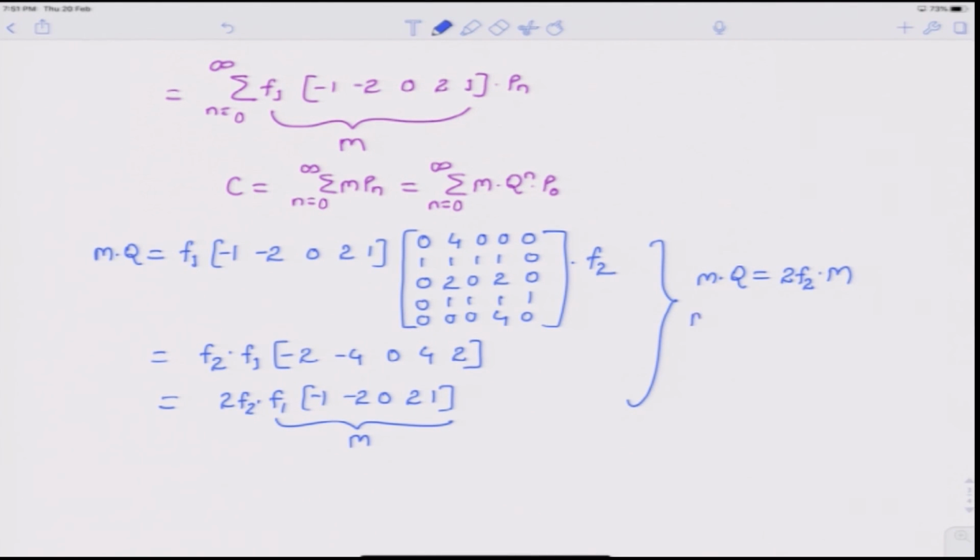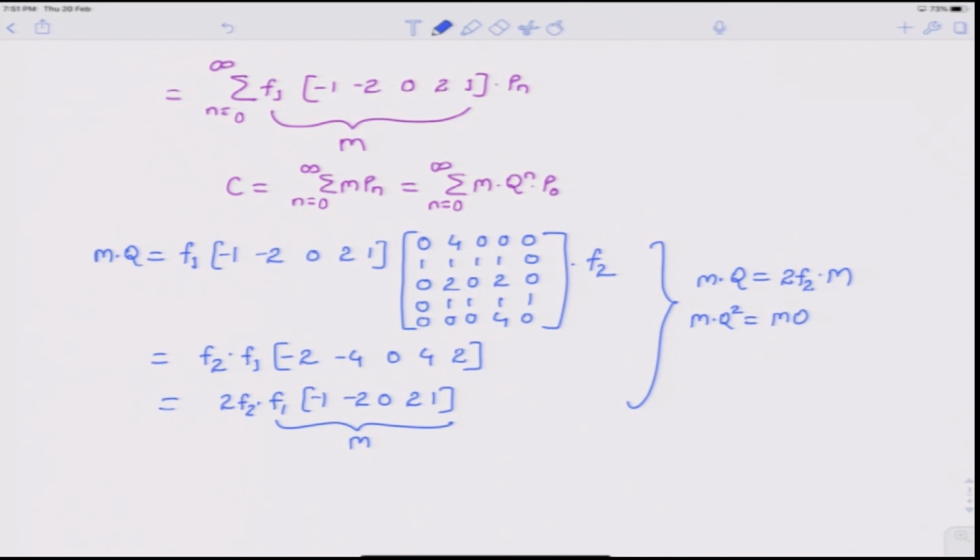So, M times q square we can write as M times q times q, that should be equal to 2 F2 times M times q. So, this should be 2 F2 square times M, and so on.